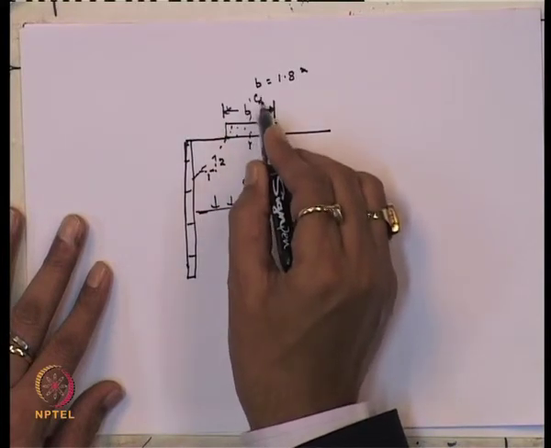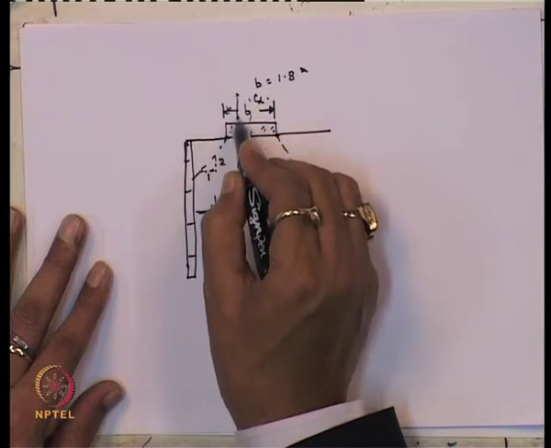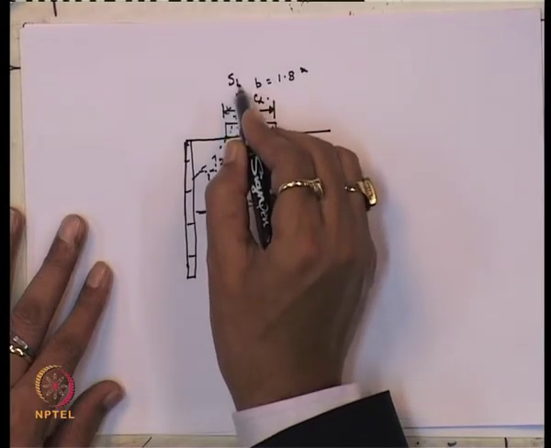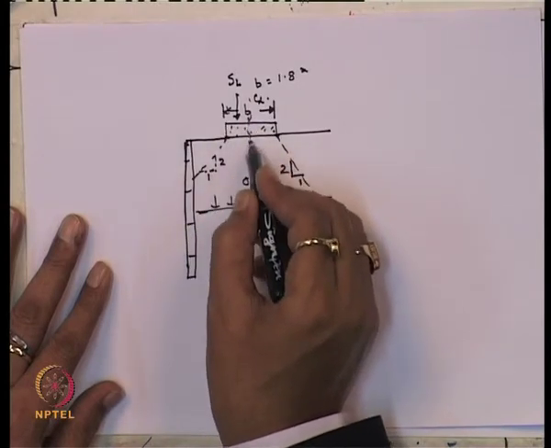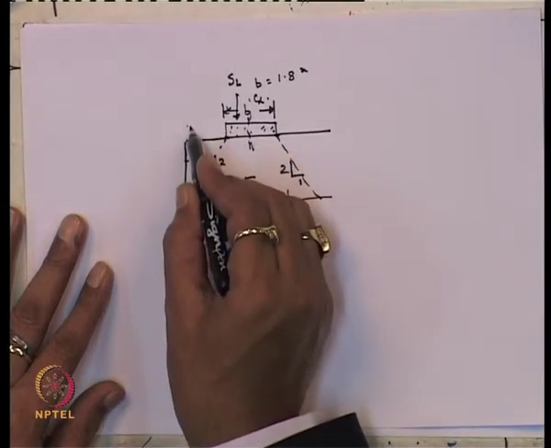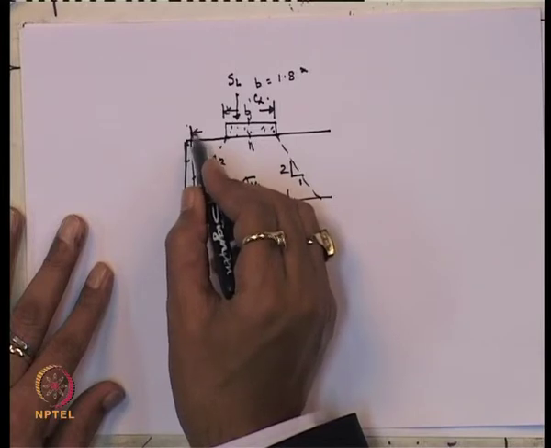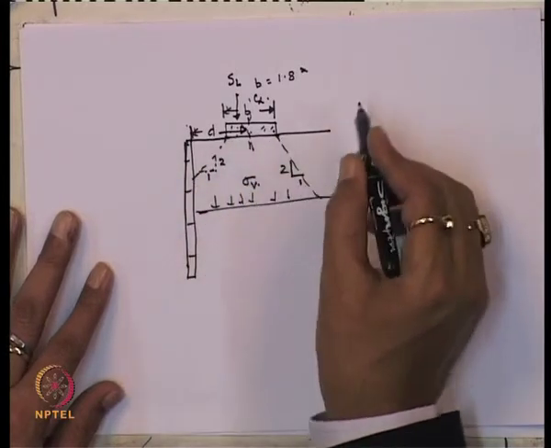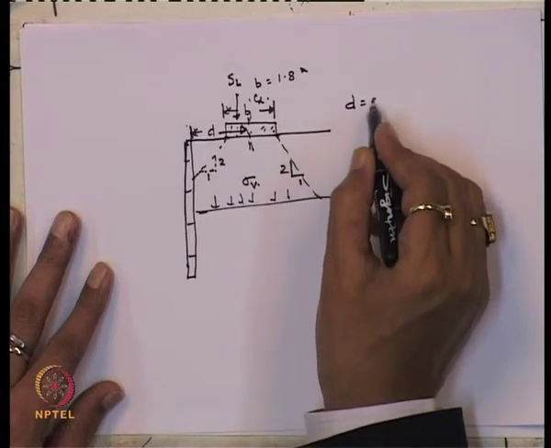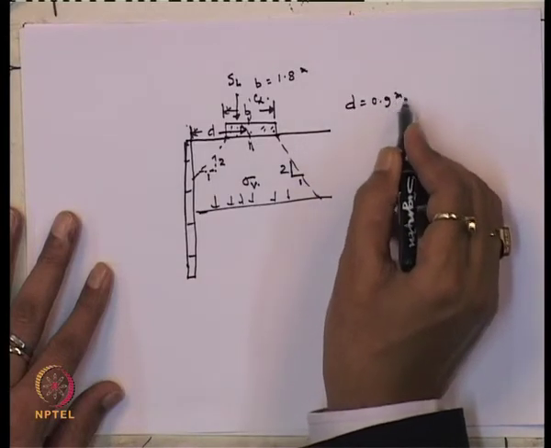And where that strip load SL is acting, from this center line to here the distance is D, and this D is equal to 0.9 meter.